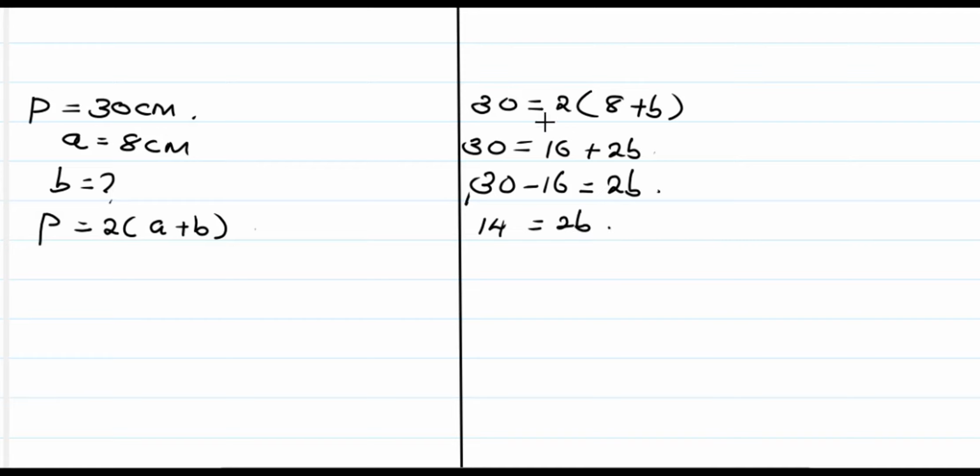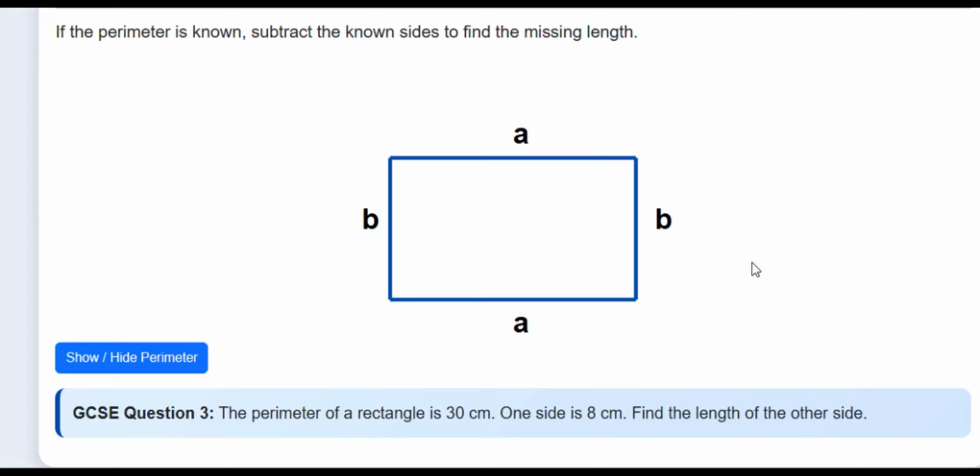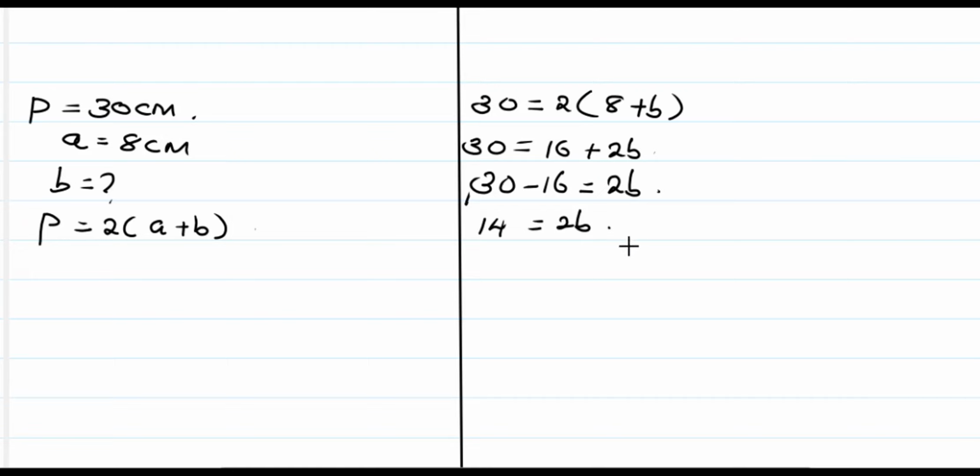But you see, this 2B is kind of like the combination of this side and this side, but as we are just interested in just one side like this, to get that one side, we need to divide both sides by 2, like this, and now we have our B is equals to 14 divided by 2 is 7, we have 2 by 2 is 1, so our B is 7 centimeters.